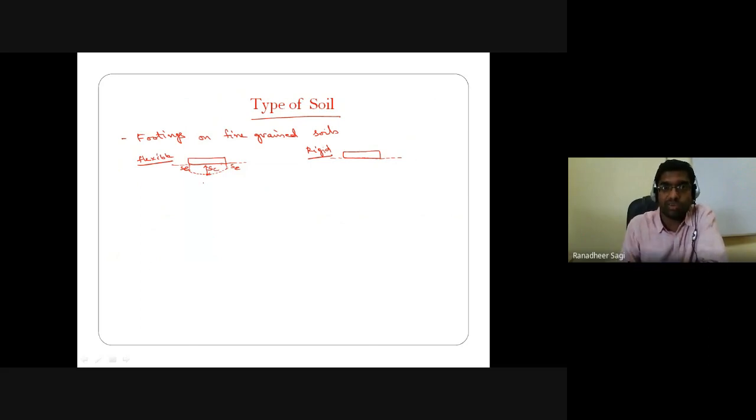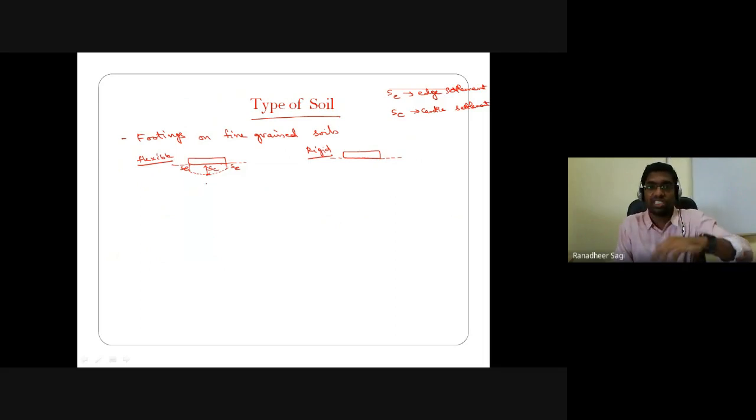According to the notation what I am using here, SE represents edge settlement, settlement at the edge of the footing. SC represents center settlement, settlement at the center of the footing. That is what it is representing. Okay. So at the center of the flexible footing, which is resting on fine grained soil, settlement is going to be maximum when compared to that of your edges.